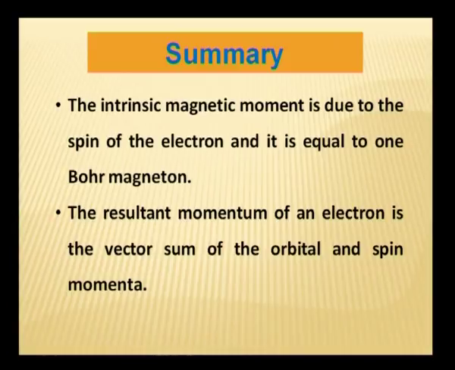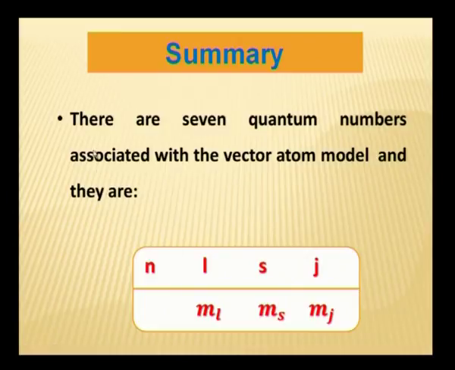Let me now try to summarize what I spoke to you today. The intrinsic magnetic moment is due to the spin of the electron and it is equal to 1 Bohr magneton. The resultant momentum of an electron is the vector sum of orbital and spin momenta, and the 7 quantum numbers which I have been repeatedly telling.